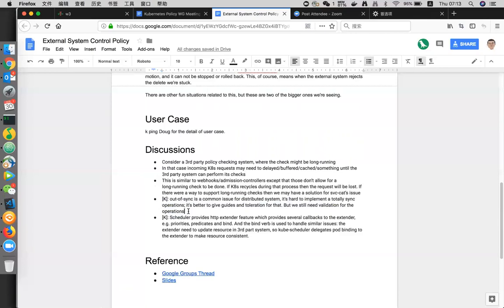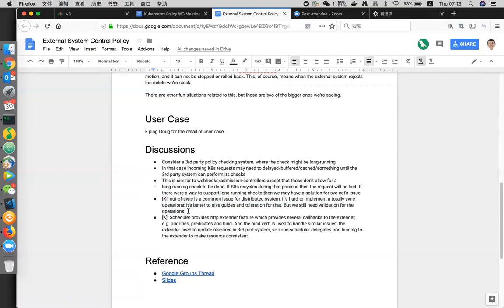Okay, so I think there is a follow up from the last meeting about the scheduler point. For the default scheduler, we have an HTTP extender feature, so a user can build a customized scheduler, and the default scheduler will communicate with the customized scheduler to dispatch or schedule the pod.